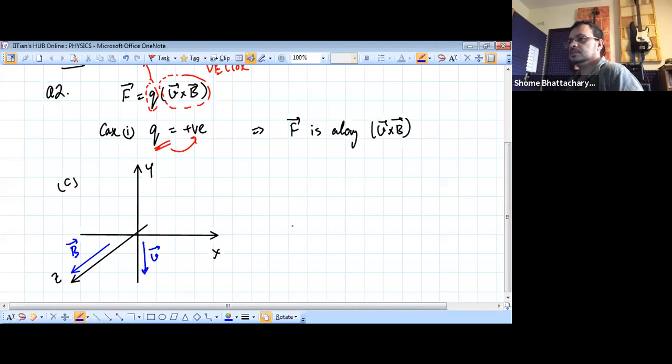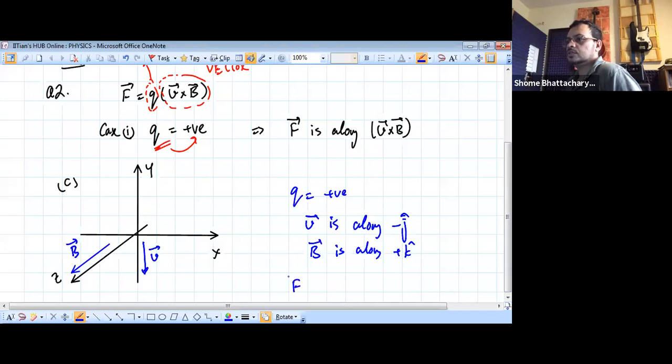Okay. So that means v is along minus j cap and B is along plus k cap. Okay. And q is positive because we are doing case 1. So force is along which direction? v cross B. So that means it is along minus of j cap cross product with k cap.